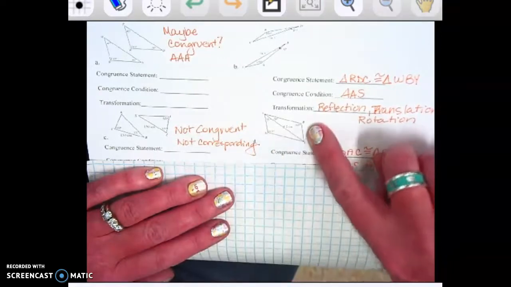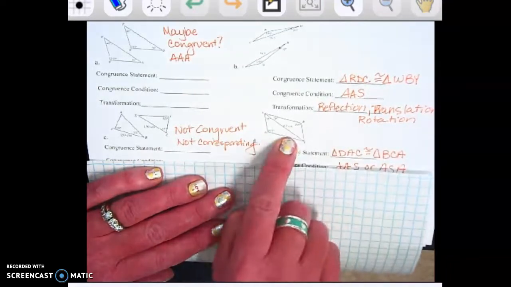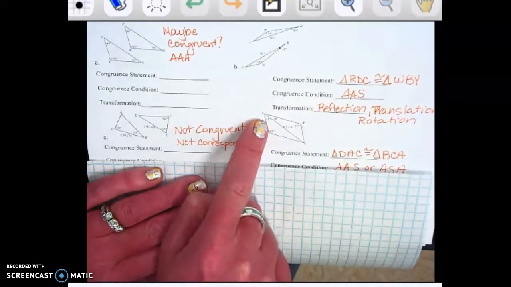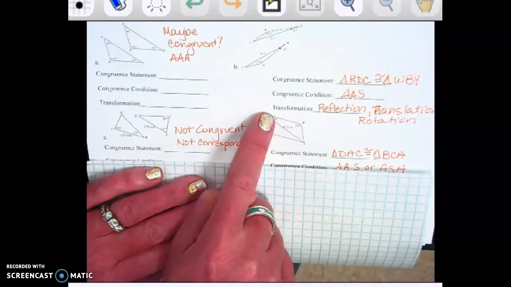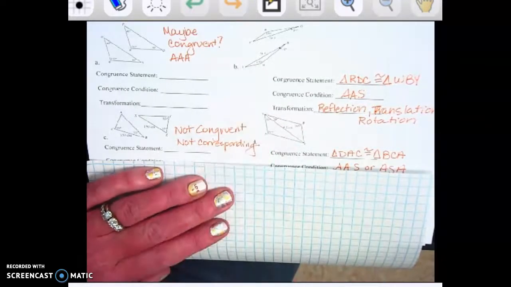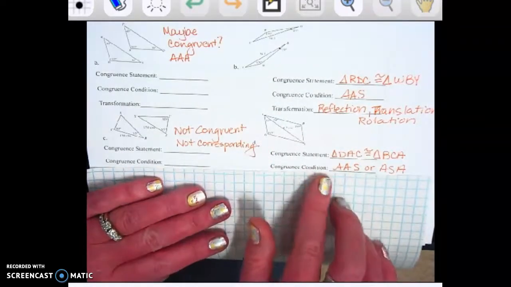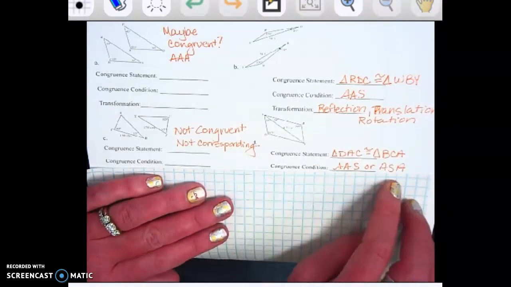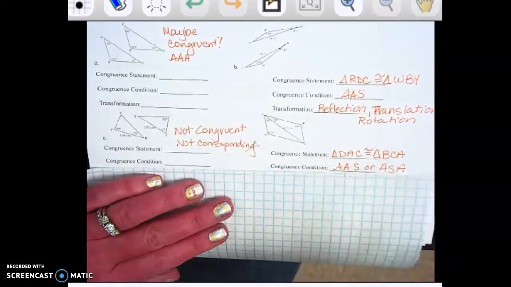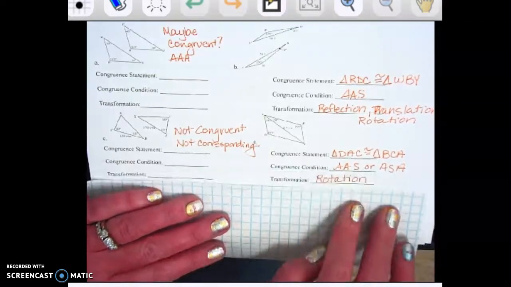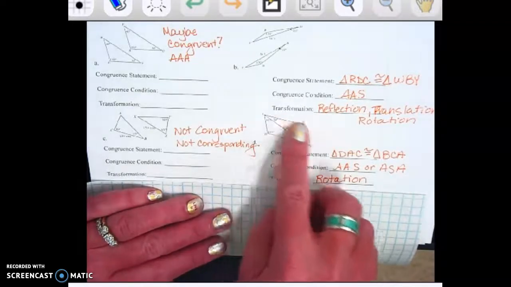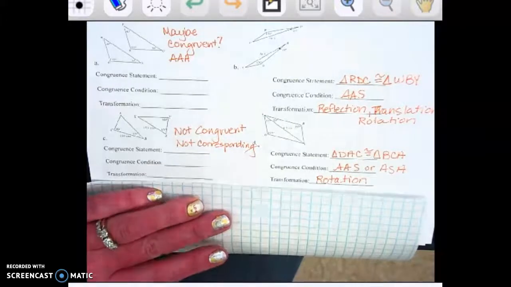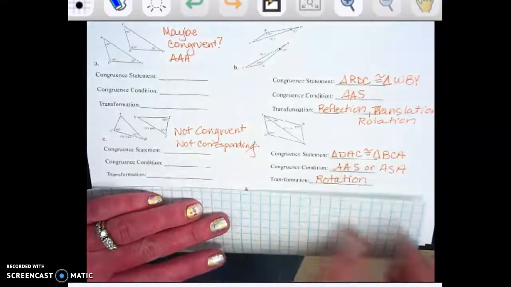So on the right, it's 55. On the left, it's 20. So that shared side is between the 55 and the 20. So it's the same on both triangles. So we're going to say that these two triangles are congruent by angle, angle, side, or angle, side, angle, depending on how you look at it. And the transformation that gets this triangle to that triangle is a rotation. So it's picked up and turned. Okay?